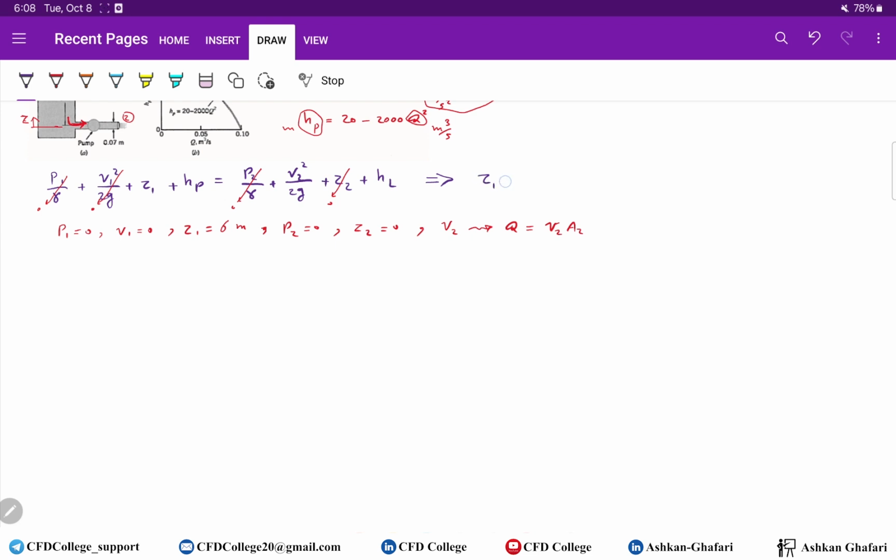Z1 plus head of the pump equals V2 square over 2G plus HL, head loss.